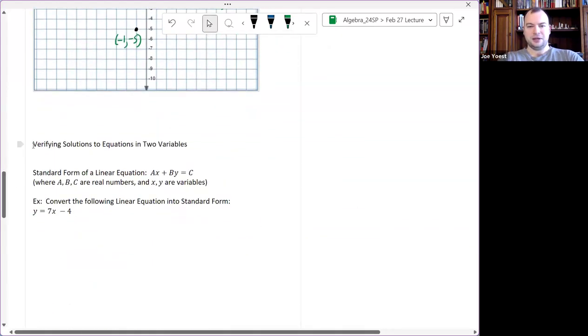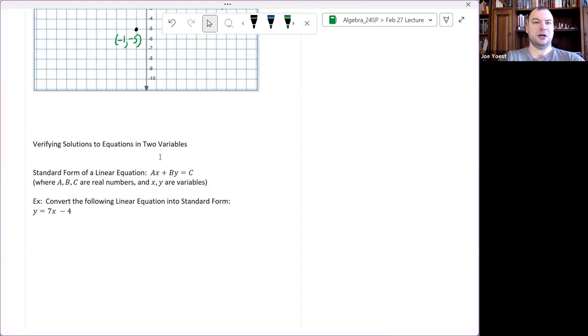Okay, so now let's take a look at equations, particularly linear equations, in two variables. The standard form of a linear equation looks like this: ax plus by equals c, where a, b, and c are some constant real numbers, and x and y are variables.